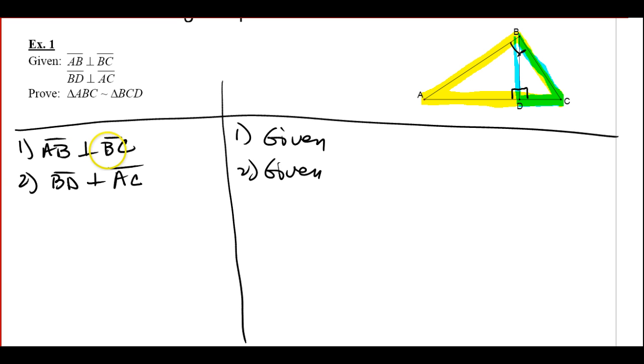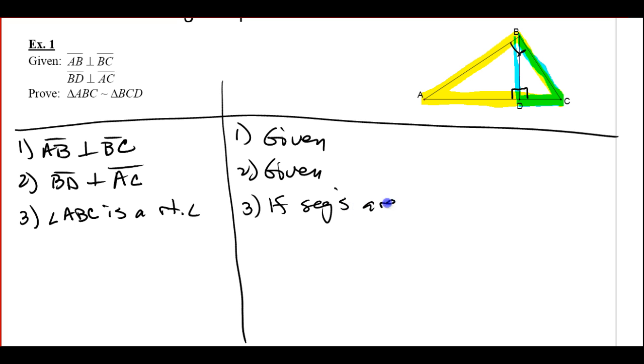So since AB is perpendicular to BC, I know that angle ABC is a right angle, if segments are perpendicular, they form right angles.